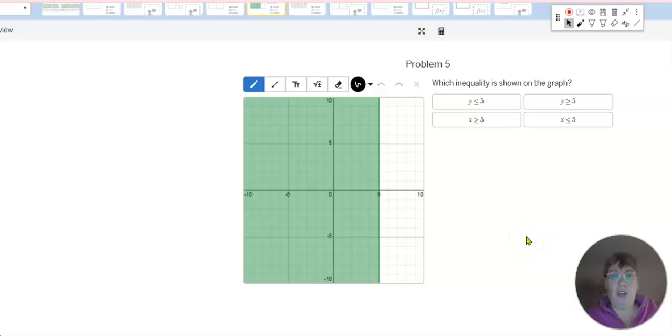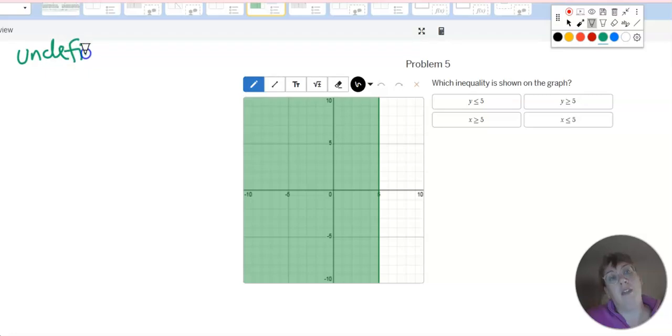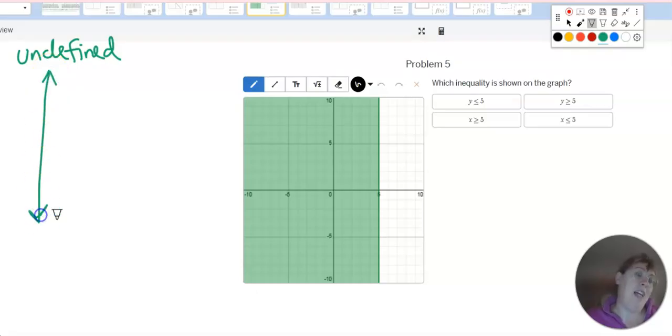Which inequality is shown on the graph? Ooh, so now we have a vertical line. So if we go back to thinking about algebra in middle school, this is a slope called undefined. Undefined, if we think of slope guy or slope dude. So when we have a vertical line, we always write the equation as x equals some number.